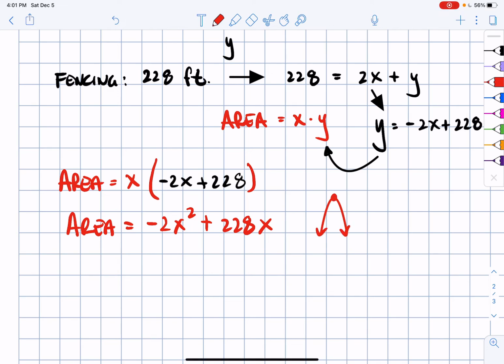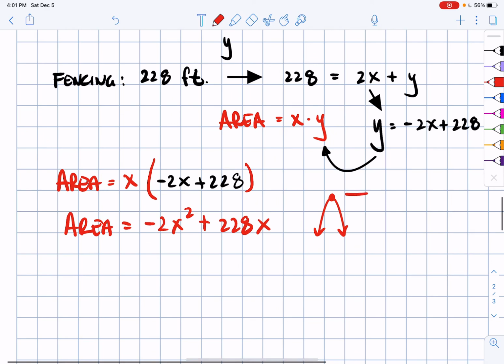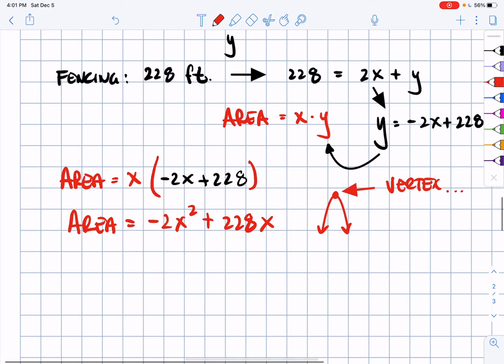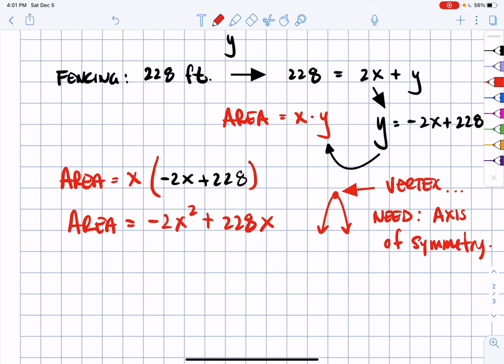That's a frowny face. So again, I have to find the vertex. In order to find the vertex, I have to find the axis of symmetry.